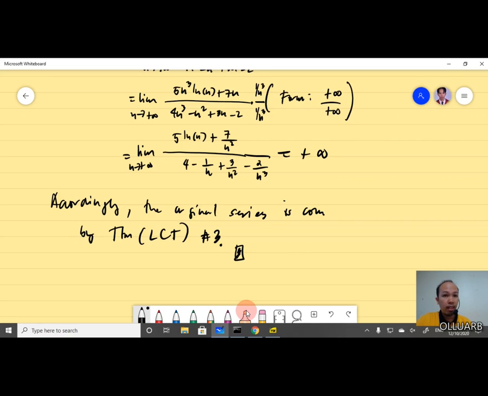Okay, I guess that's enough. We have four examples, and I exhausted all the theorems. We have an example for theorem 1 of LCT, theorem 2 also, and theorem 3 also.